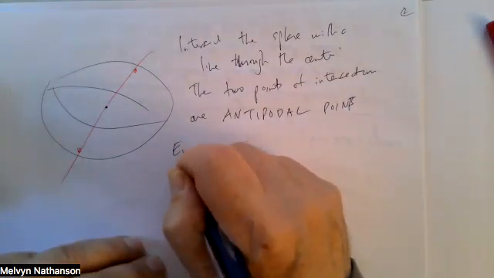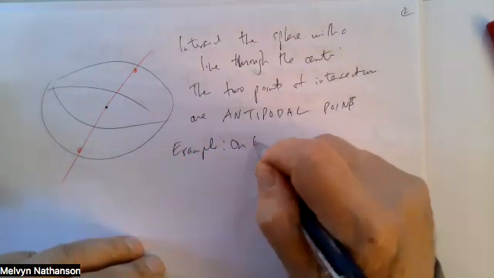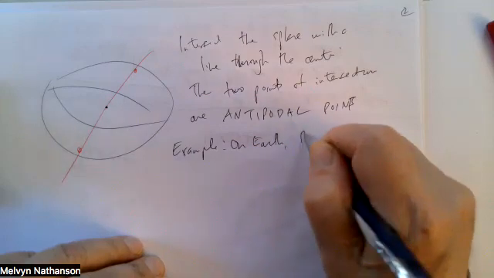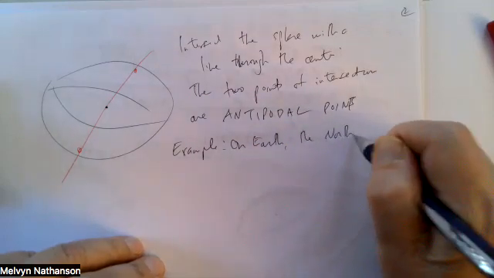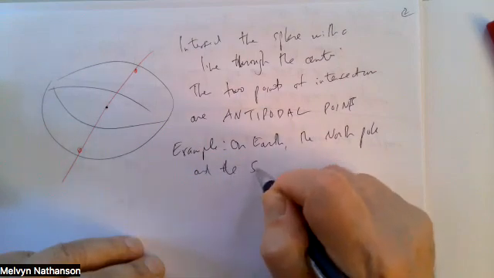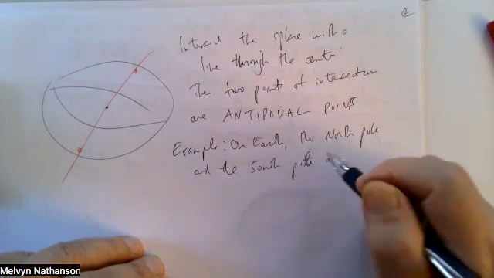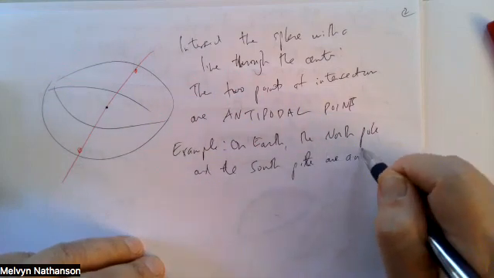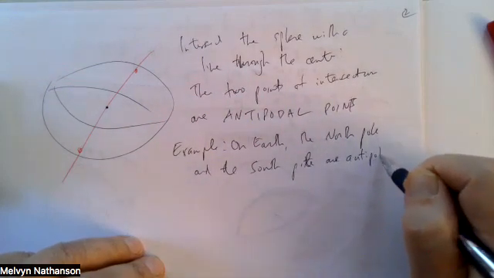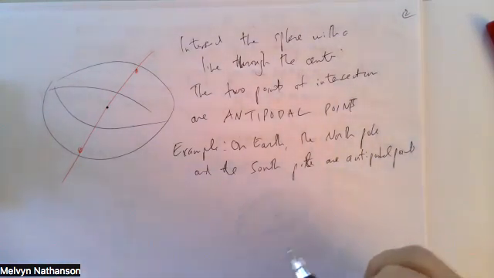And the simplest example is on the Earth, the North Pole and the South Pole are antipodal points.